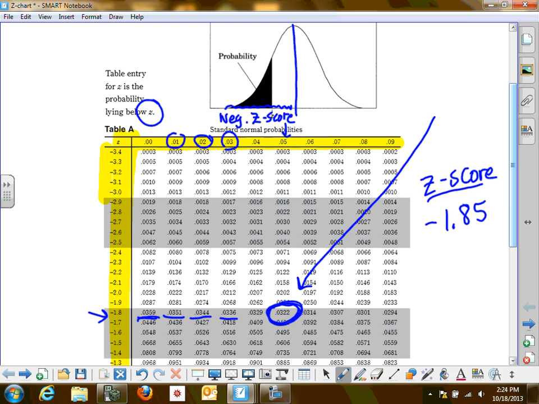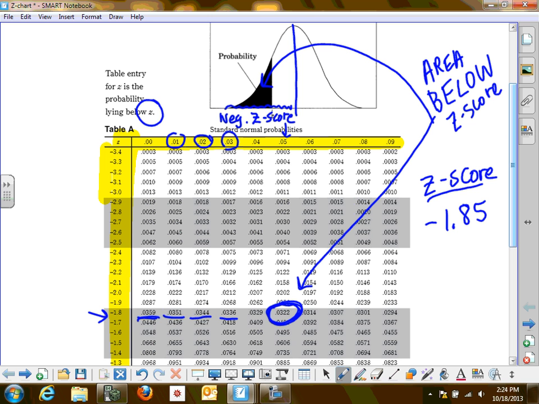This number that you just found is the area, or the percent, or the probability below your z-score. These numbers in here represent this shaded section below your z-score.